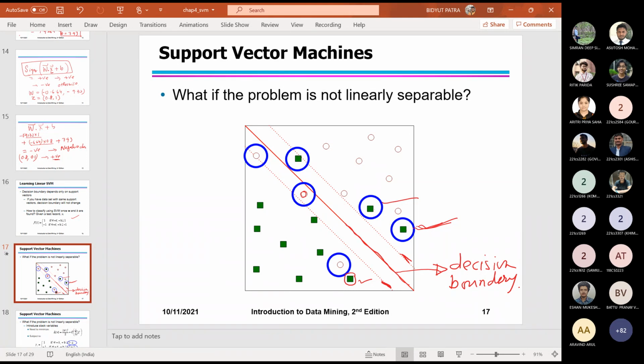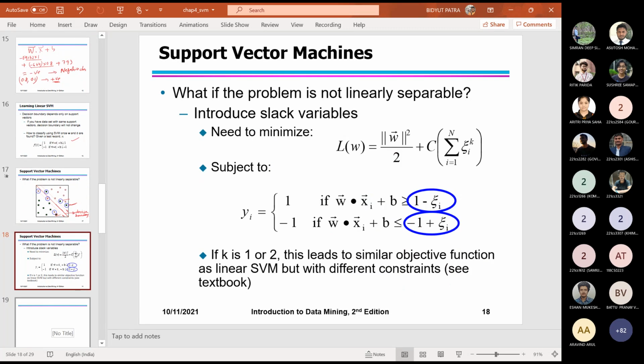That is what we will talk about here. The support vector machine is still linear. Here we can get some kind of line. In that case, we need to change the equation a little bit. Earlier we had the constraint w dot xi plus b greater than or equal to 1.